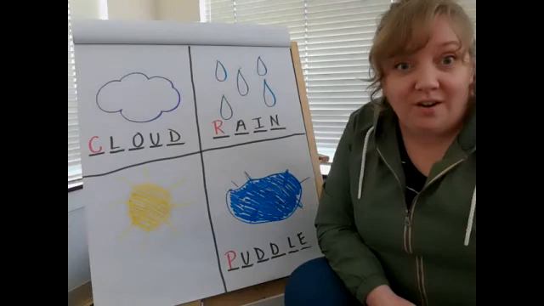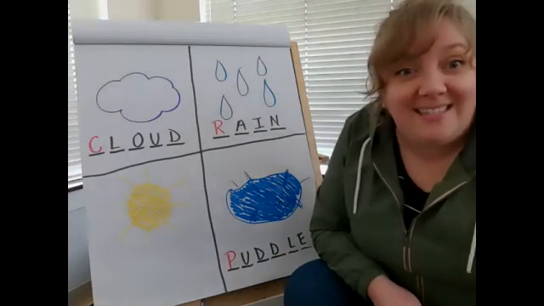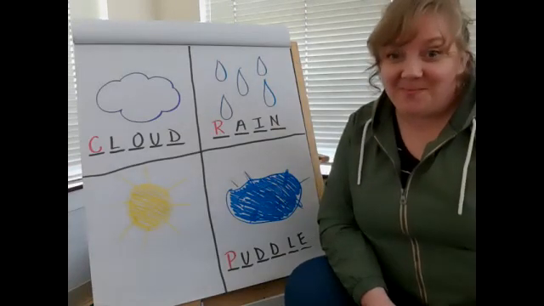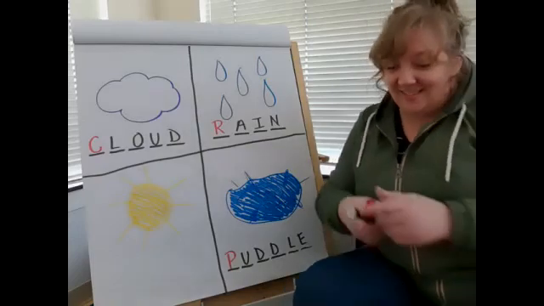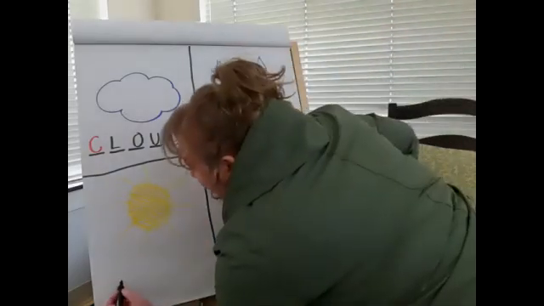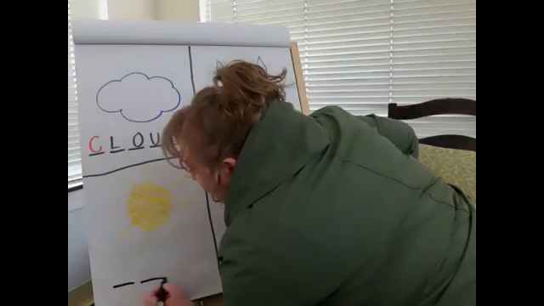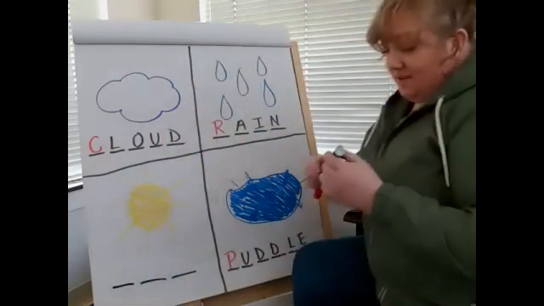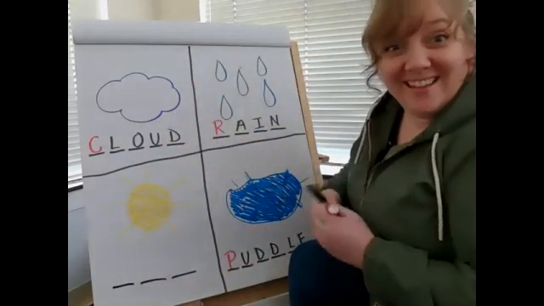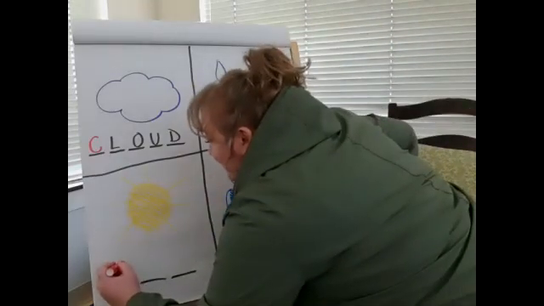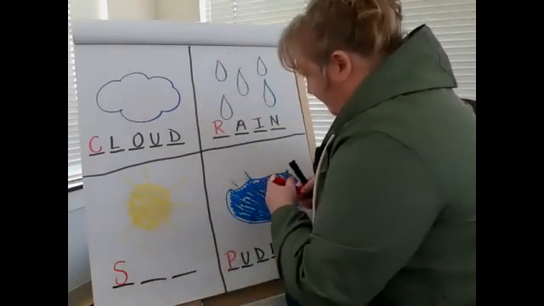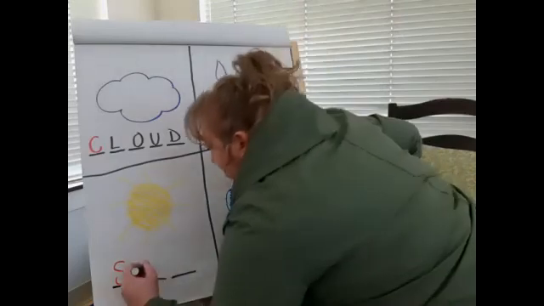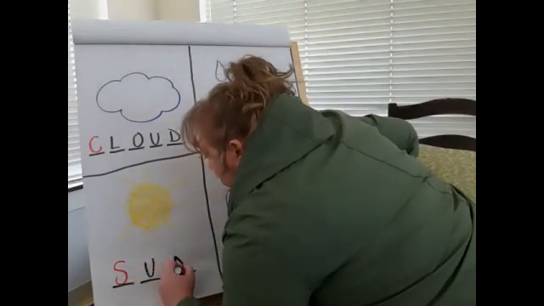Do you know what letter goes? S. The word sun has 3 letters. And the first one is S. U. N.